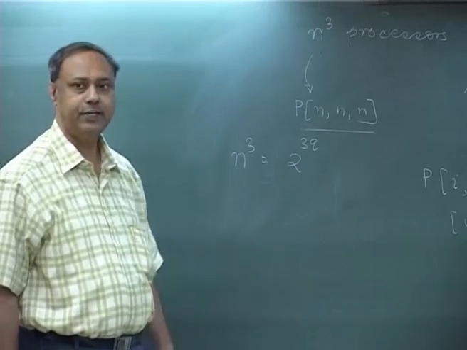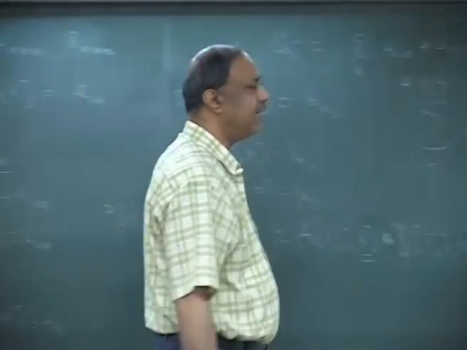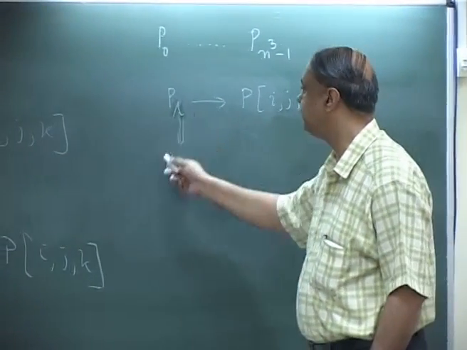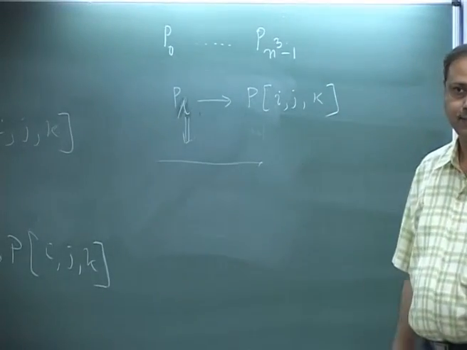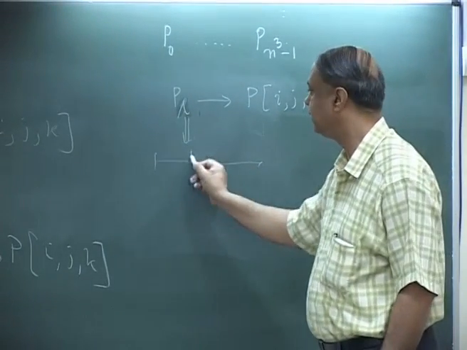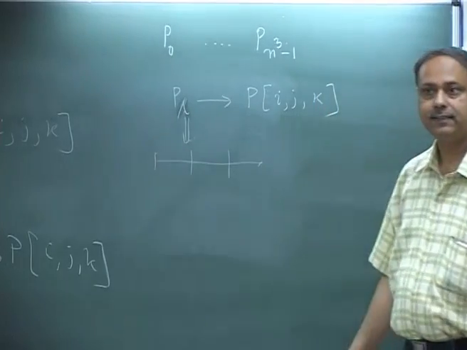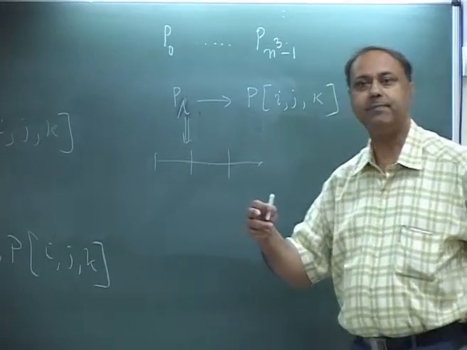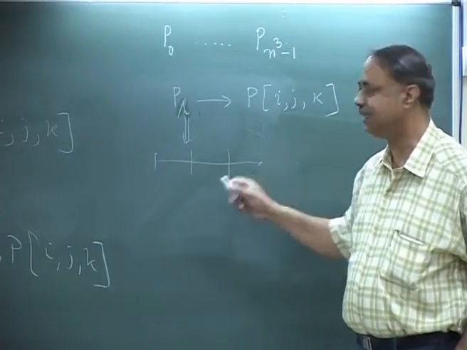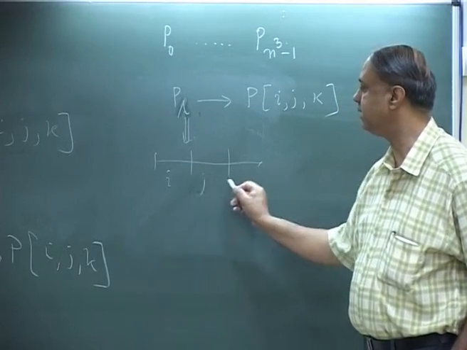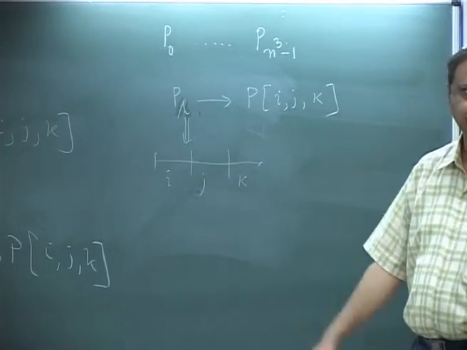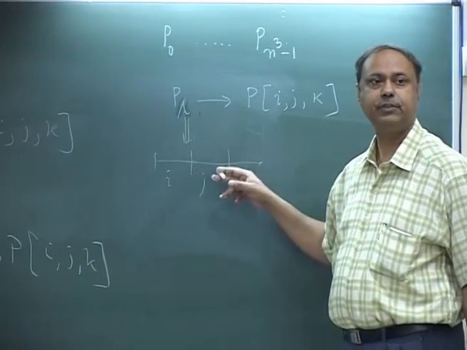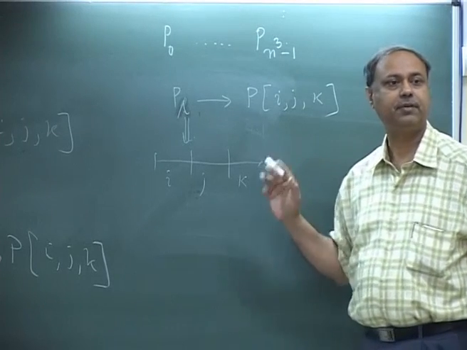That means this L, this PL, must have 3q bits. And also in the hypercube, a processor is connected. So this is I part, this is J part, this is K part, right? First q bits is for I, second q bits is for J, and third q bits are for K. That I can do.